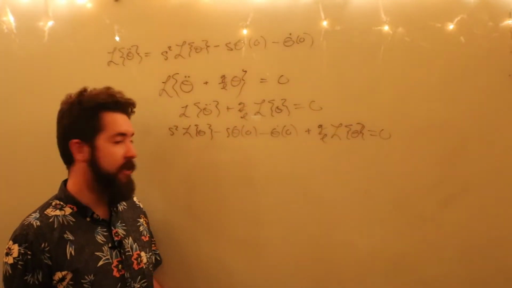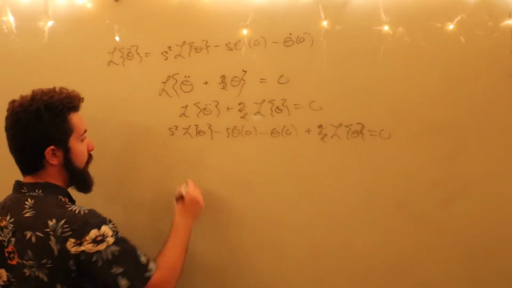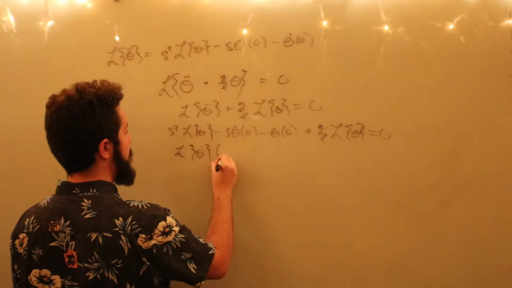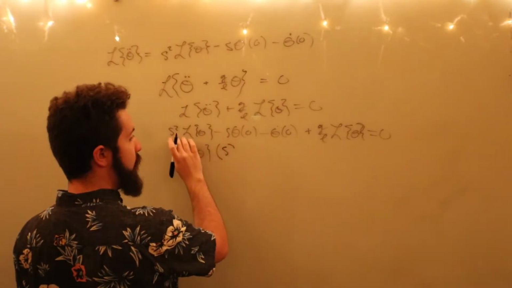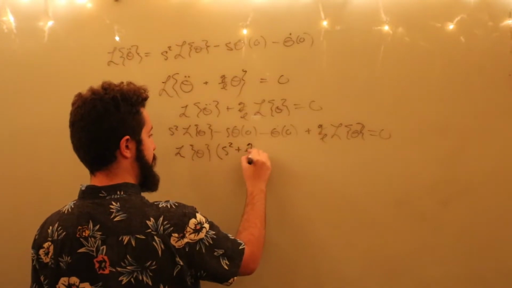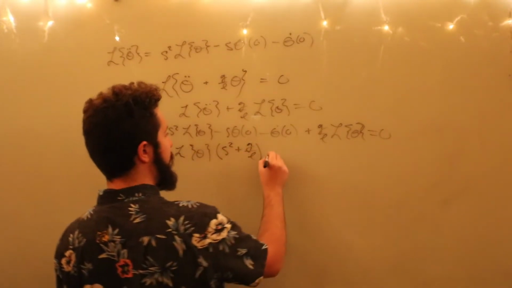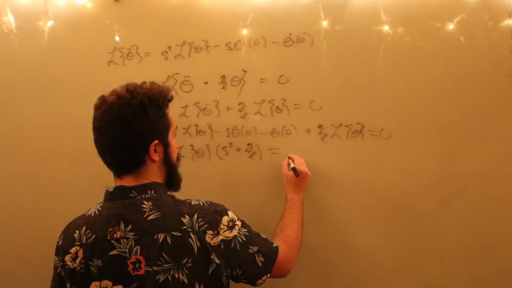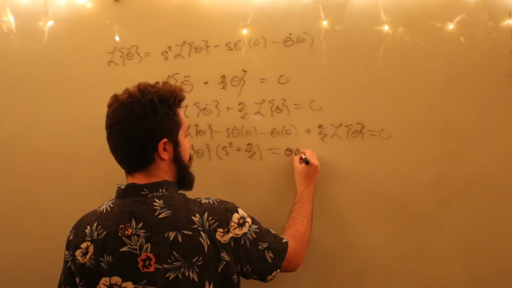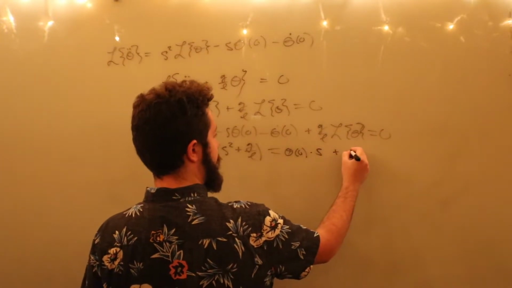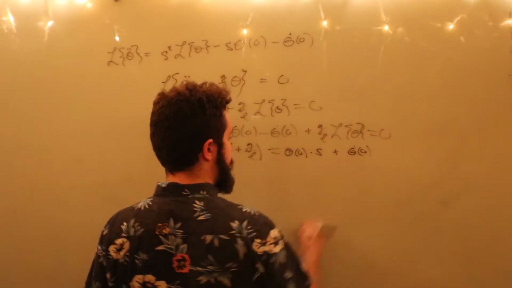All right, now we're going to collect terms. So the Laplace transform of theta times s squared plus g over L. And then we're going to move the other stuff to the other side. So this is going to be equal to theta of 0 times s plus theta dot of 0.